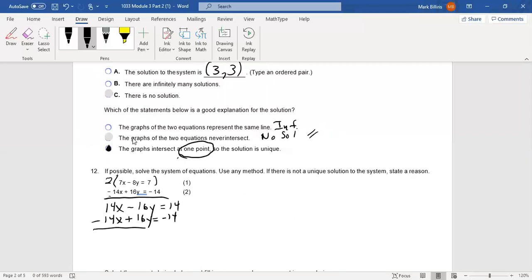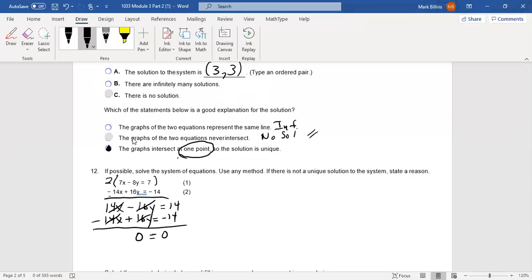And now look what happens. My x's are eliminated, exactly what I wanted, but also my y's are eliminated. So on the left-hand side, that leaves me 0. On the right-hand side, I have 14 minus 14, which also equals 0. So since my variables are eliminated, I'm not going to have a single solution.